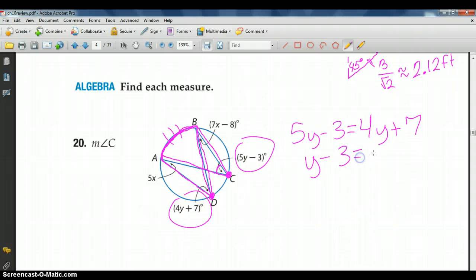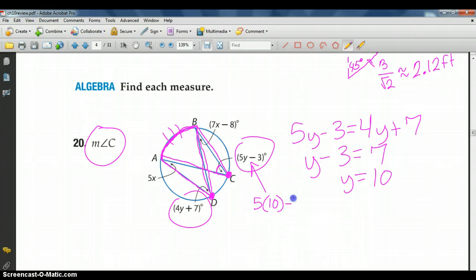That's better. Add 3 to both sides, and y is equal to 10, but we want to find the measure of angle C. The measure of angle C is this expression, 5 times y, so 5 times 10 is 50, minus 3 would be 47 degrees.